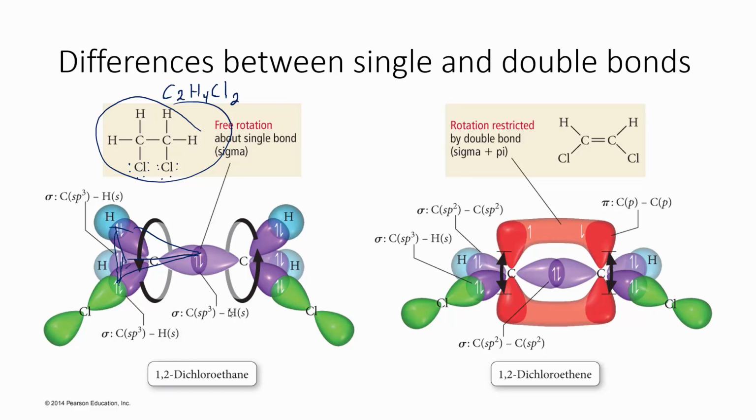And this says hydrogen, but I think their diagram is confused, because this is an sp3 to a carbon sp3 orbital. And the other two spots on that carbon are sigma carbon sp3 to hydrogen s orbitals.